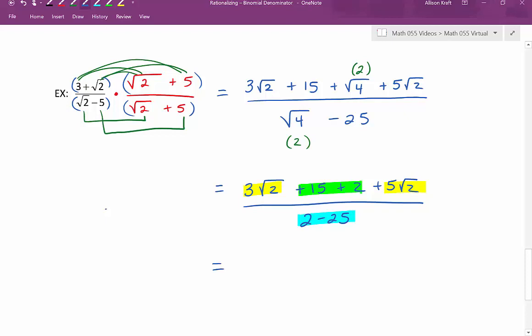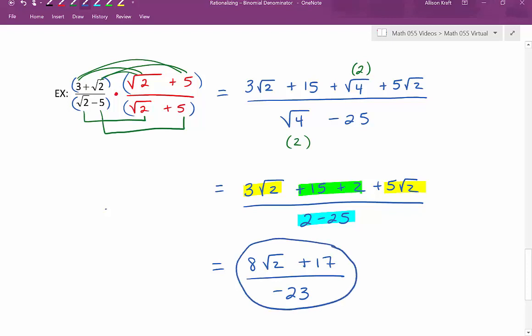Starting with our radicals, 3 square roots of 2 plus 5 square roots of 2 is 8 square roots of 2 plus 17, and in the denominator, negative 23. You want to try to simplify your fraction overall. Even if we broke it up into two separate fractions, 8 doesn't simplify with 23, neither does 17. We have a final answer of 8 square root of 2 plus 17 over negative 23.